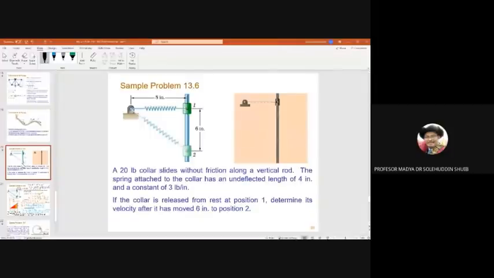So we need to find the velocity by applying the concept of conservation of energy. We are using potential energy, and we have to relate between kinetic energy and potential energy.